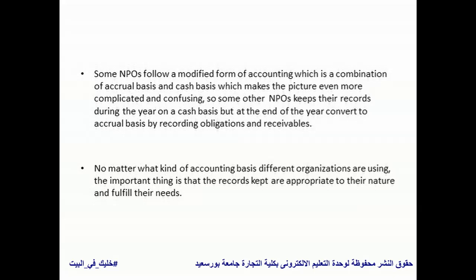Here, some NPOs follow a modified form of accounting. The modified form of accounting is a combination of accrual basis and cash basis, which make the picture even more complicated and confusing.